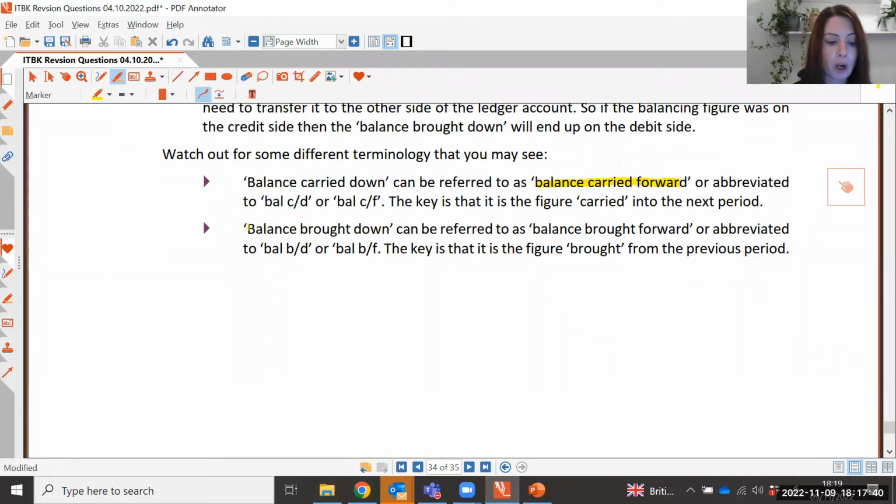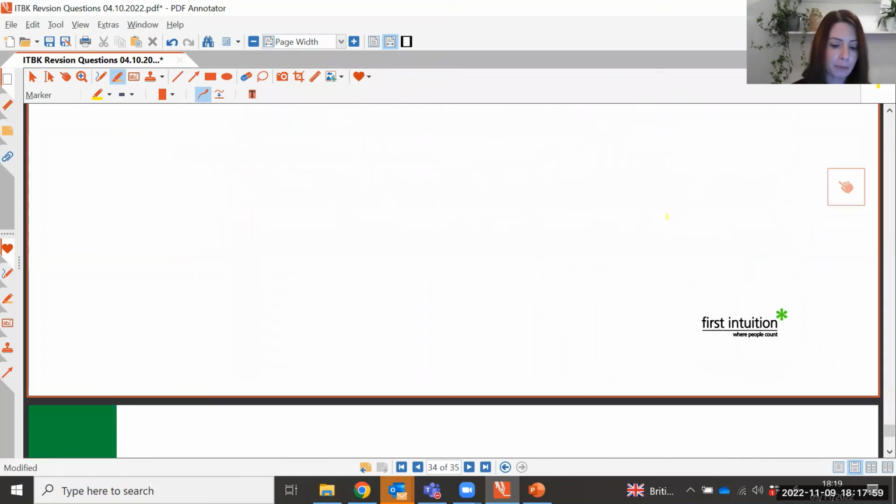Same with the balance brought down as well. Balance brought down, you may see being referred to as the balance brought forward. Again, means exactly the same. Just always remember that the balance brought down starts off a period, whereas the balance carried down closes off a period. So we'll have a look at a task now.